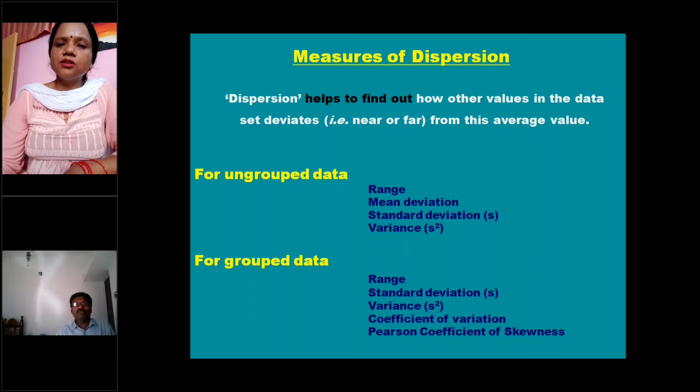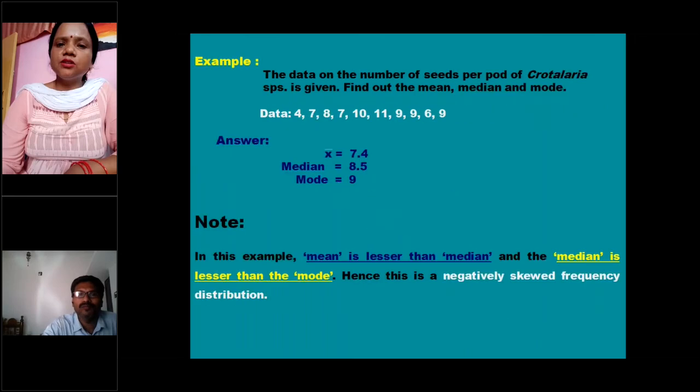This dispersion helps to evaluate how other values in the data set deviate from the average value. In the example, we got the mean 7.5, median 8.5, and mode 9.